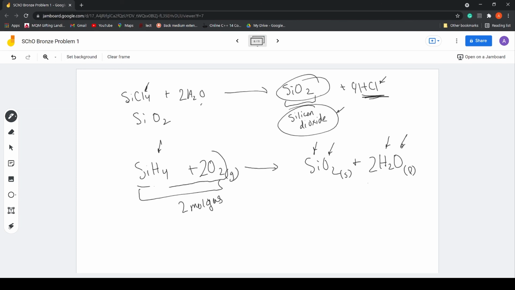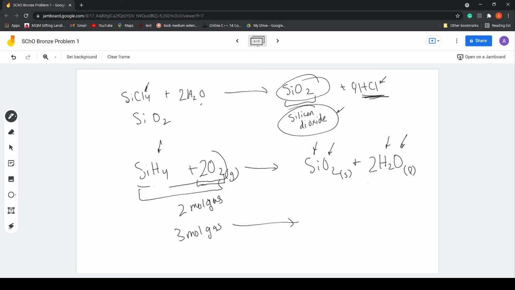This is the reaction that's happening when we introduce our silane to the oxygen-filled balloon. The silane is reacting with the oxygen. It's taking out 2 moles of O2, right? So for every silane you introduce, you're removing 2 moles of O2, and in total, we're removing 3 moles of gas, because we have our 1 mole of silane and 2 moles of O2, and we're removing that completely and forming solid and liquid.